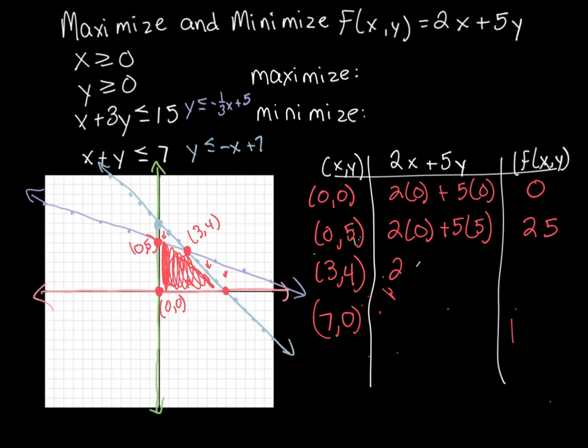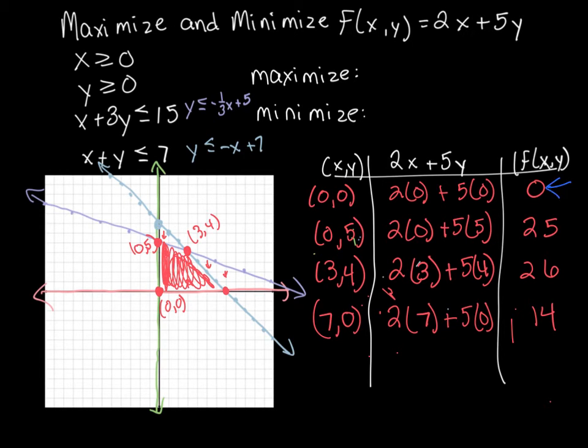And then 3, 4, you have 2 times 3 plus 5 times 4, which gives you 26. And then 7, 0, you have 2 times 7 plus 5 times 0, which gives you 14.